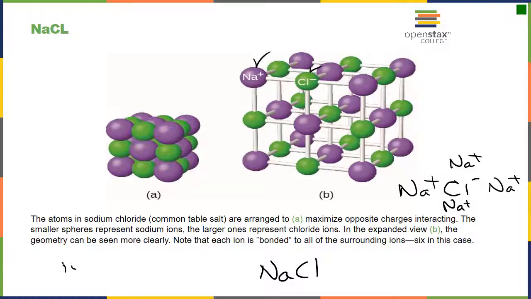And remember, ionic bonds occur between ions, and ions here are going to have the positive and negative charge, and this electron that we would have started out with on the sodium has been transferred to the chloride, and these guys stick together in massive three-dimensional structures.